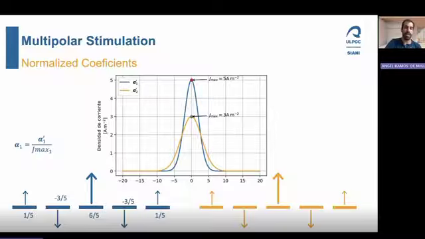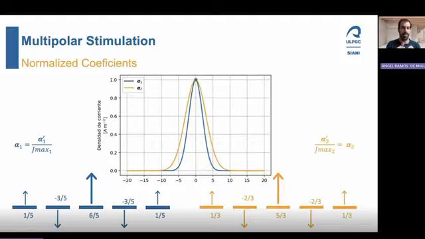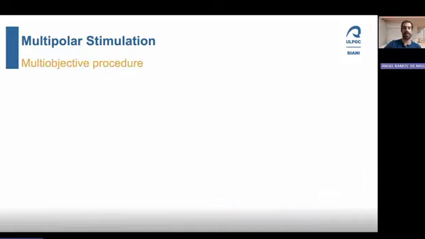So we decide to normalize the current for each of the electrodes divided by the maximum current density. And if we do that, we can compare the amount of area under the curve that we have. So we can have a metric to quantify if a model is more focused than the other one.